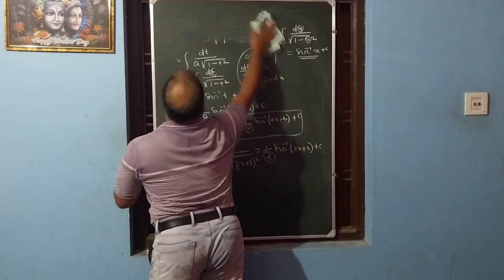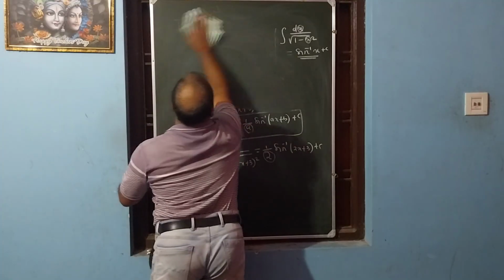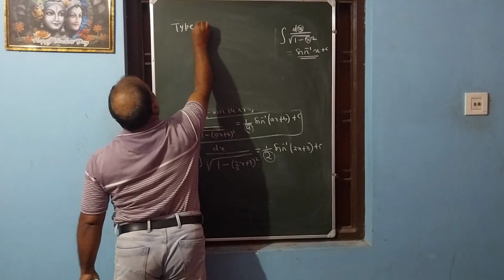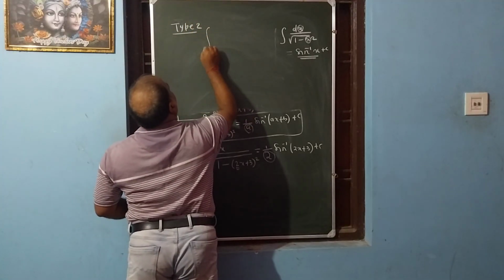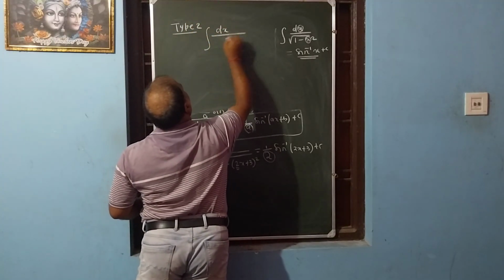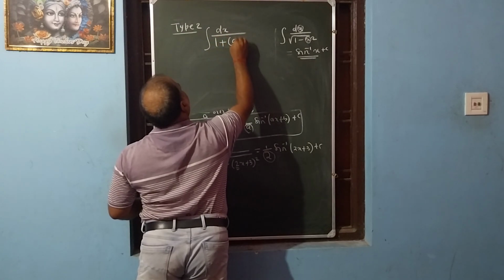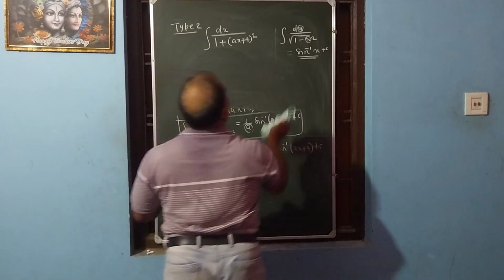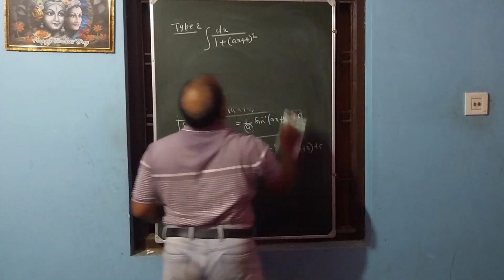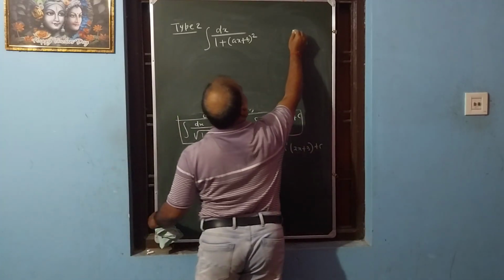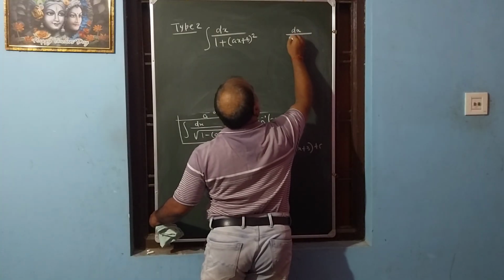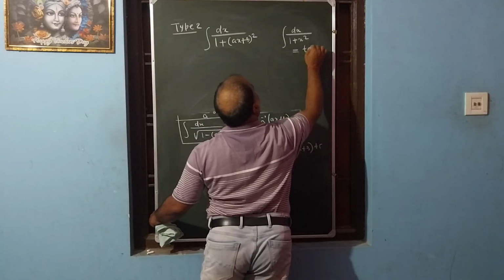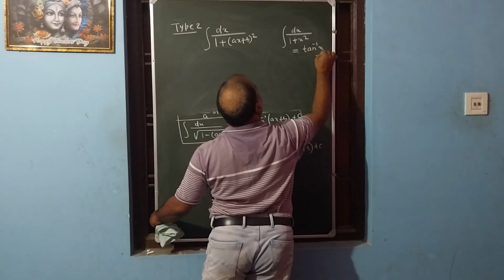Let us consider another type. Write down type number 2: integration of dx by 1 plus (ax plus b) whole square. We know that the integration of dx by 1 plus x square is equal to tan inverse x plus c.